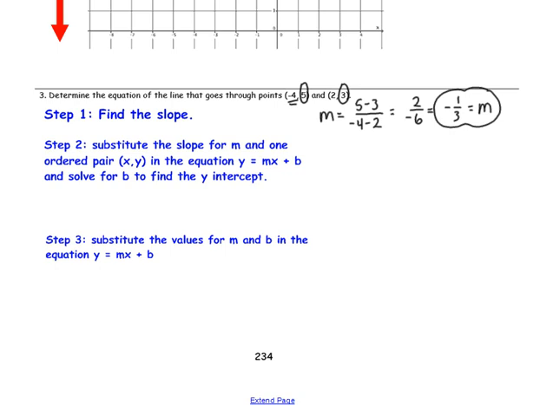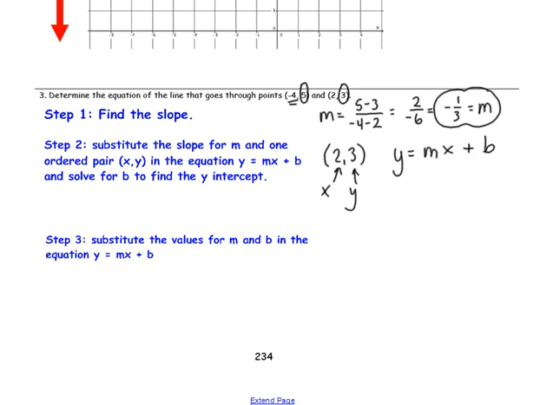Step 2 is to substitute the slope m and one ordered pair xy in the equation y equals mx plus b. Solve for b to find the y-intercept. So choose one of the pairs. I'm going to use the positive pair, (2, 3). So we will let x equal 2 and y equal 3 in our equation, y equals mx plus b.